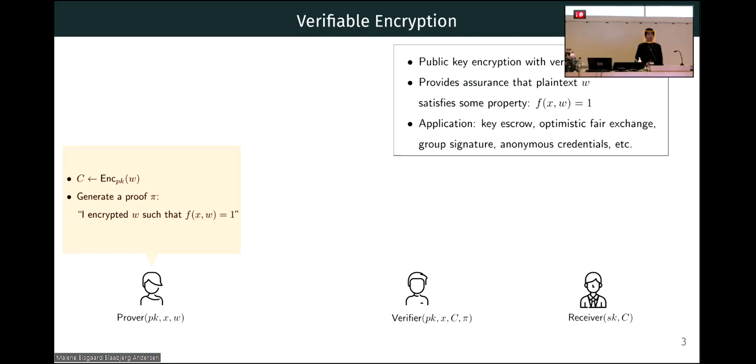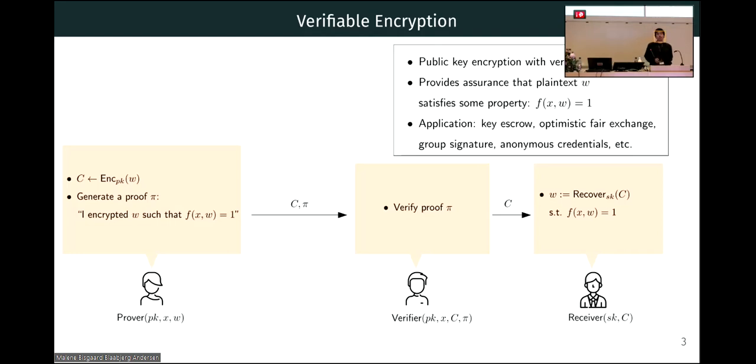First, the prover creates a ciphertext under the public key, and then generates a proof claiming that she encrypted some W that satisfies a certain relation. And then the prover outputs ciphertext C with some proof phi. And after the verifier verifies the proof, the receiver, by running some recovery algorithm, obtains the witness.